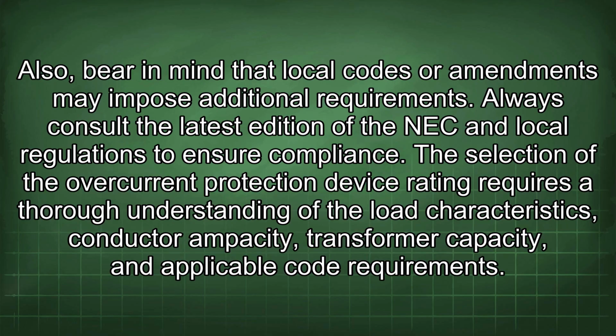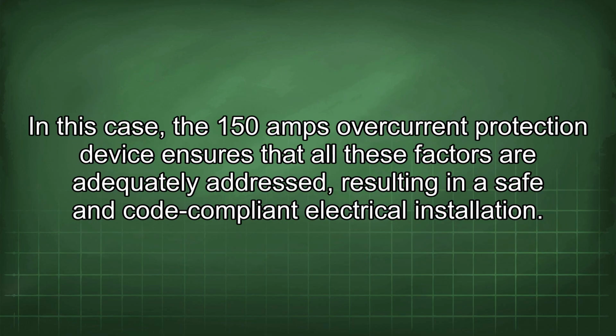The selection of the overcurrent protection device rating requires a thorough understanding of the load characteristics, conductor ampacity, transformer capacity, and applicable code requirements. In this case, the 150 amps overcurrent protection device ensures that all these factors are adequately addressed, resulting in a safe and code-compliant electrical installation.